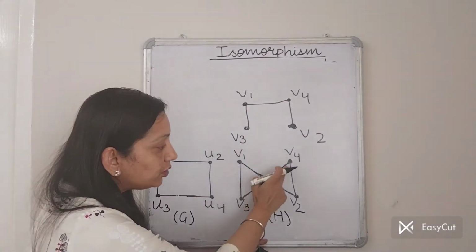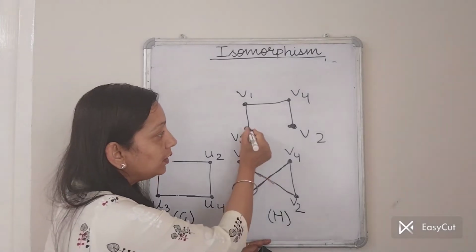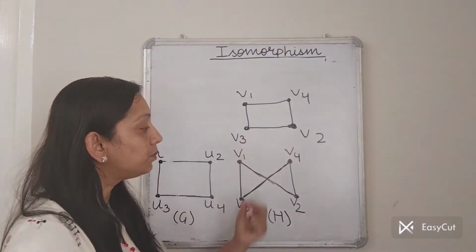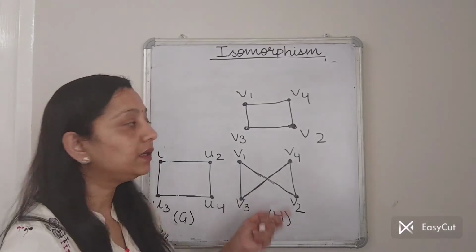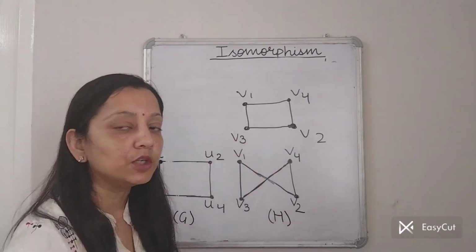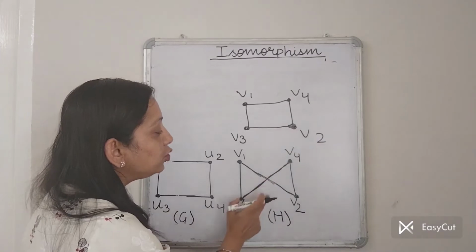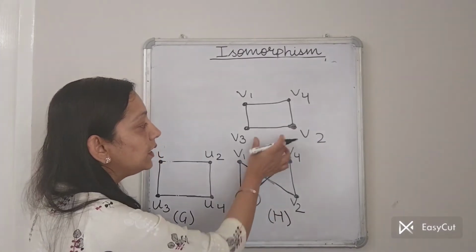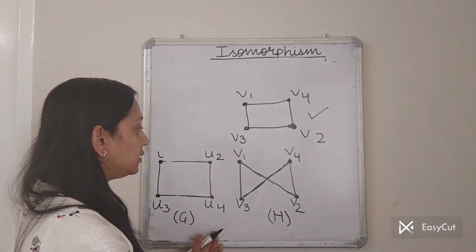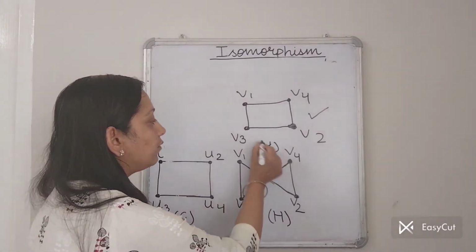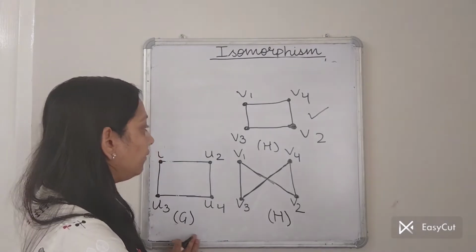And if I push this particular edge of vertex V3 and V4 downwards, it will be like this. So just by adjusting the graph, or flipping and rotating the graph, I can get a simpler version. Now you can see that this graph, after pushing these two edges upwards and downwards, looks like this, right? So is it now not similar to the graph G? I have got a simpler version of the graph H, which is quite similar to the graph G.